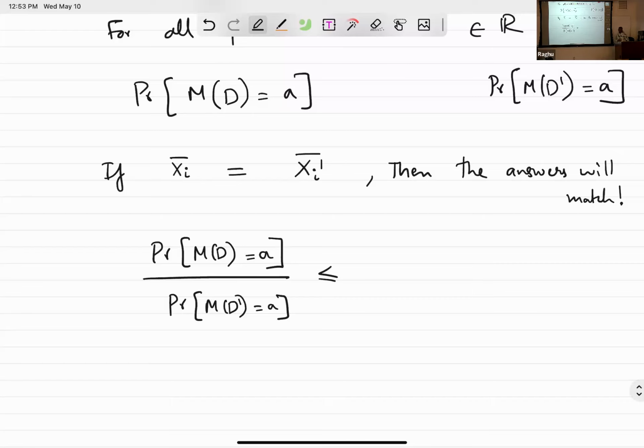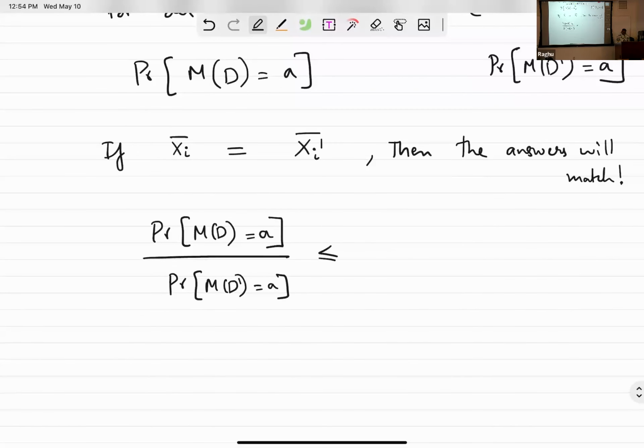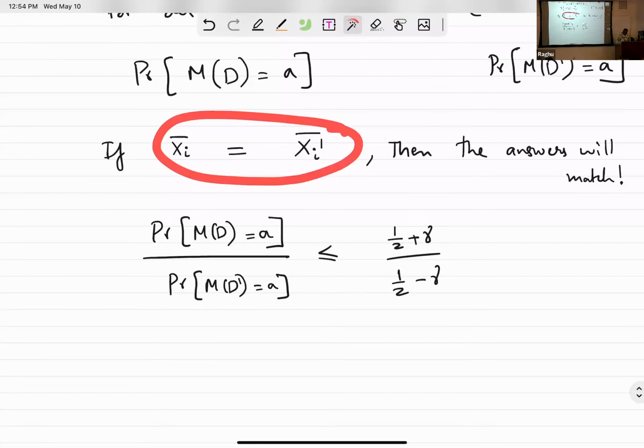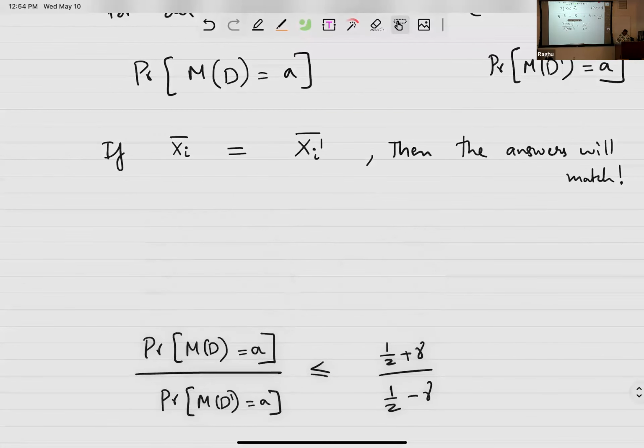And what's the chance that the answers match? You can do some calculations, which I'm going to spare you. It'll exactly equal this. Okay, so whenever the answers match, everything matches. And what's the chance that xi, maybe let me write down a step 4 to check.